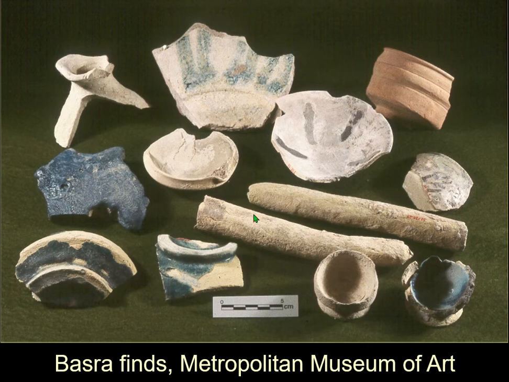This is kiln furniture, and this would originally have been sticking in the side of the kiln so that you could lay the pottery on it when you were firing it, because you can't stack glazed pottery in the kiln, because when you stack it, the glaze turns into a fluid and then hardens when you fire it.